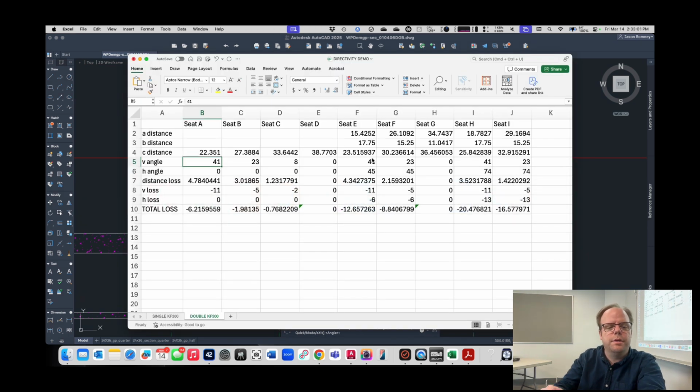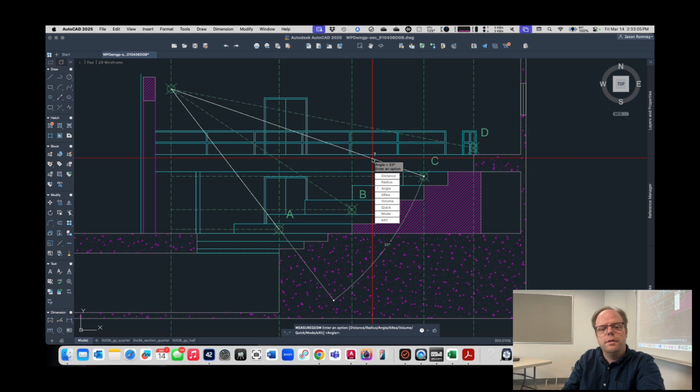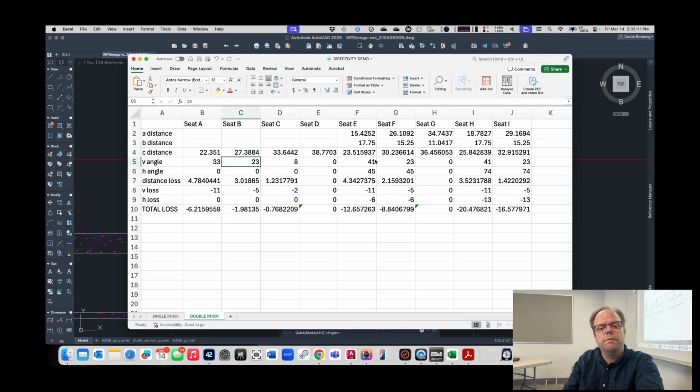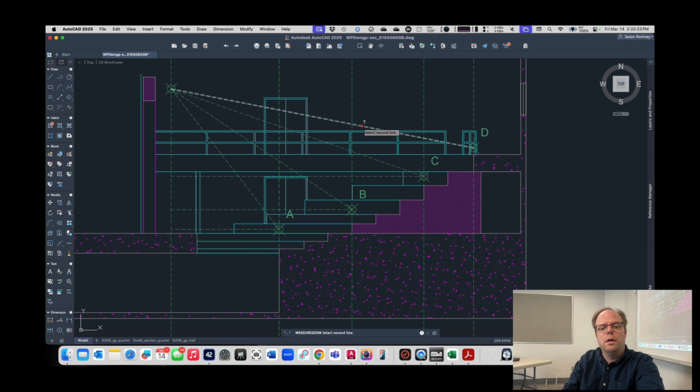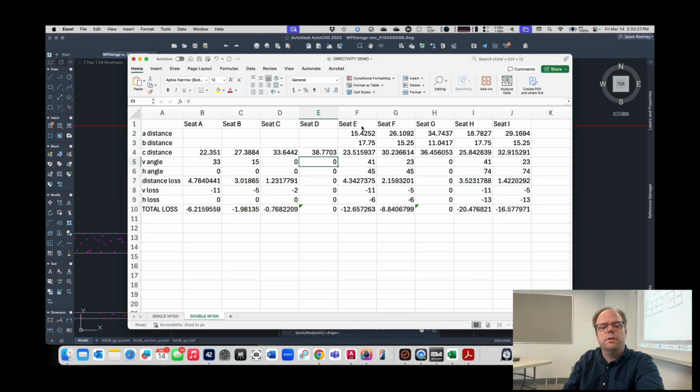Okay, that's 33 degrees. Seat B to seat C is 15 degrees. Seat C is going to be 0. And seat D is going to be 8 degrees vertical.